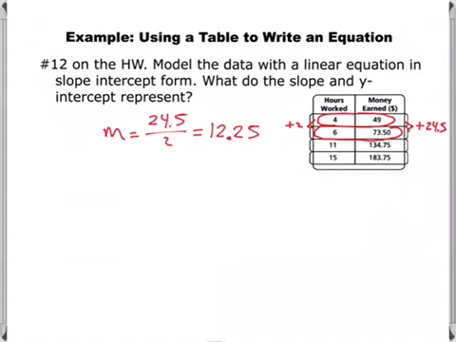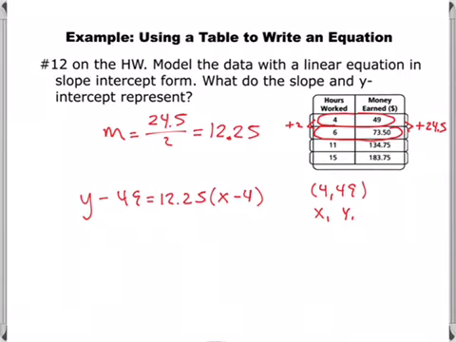And then we have to write the equation in slope-intercept form. So we need to take one of these points and create a point-slope equation. I'm going to use 4 and 49. And so this becomes my x1, y1. So I've got y minus 49 equals 12.25 times x minus 4. Then to write this in slope-intercept form, we distribute our slope.